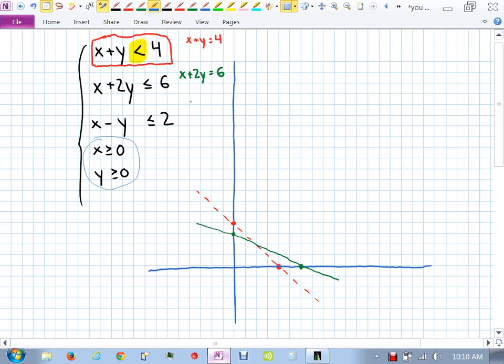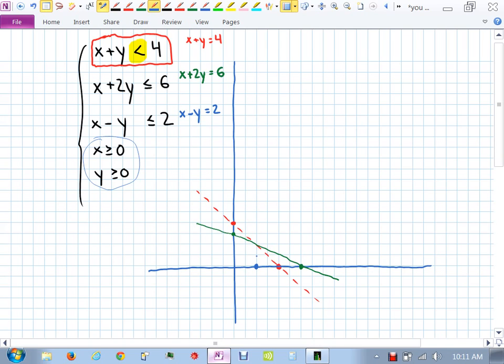Now let's go to the last equation, or inequality, and switch it to an equation. What's the x-intercept there? Set y to 0, you get x is 2. What's the y-intercept?